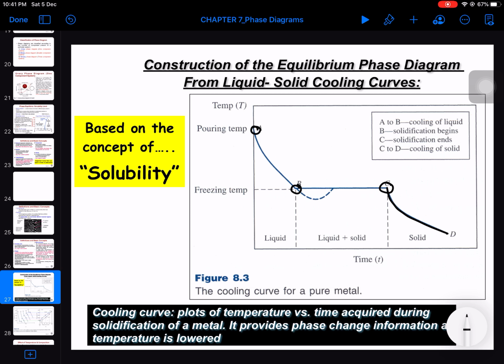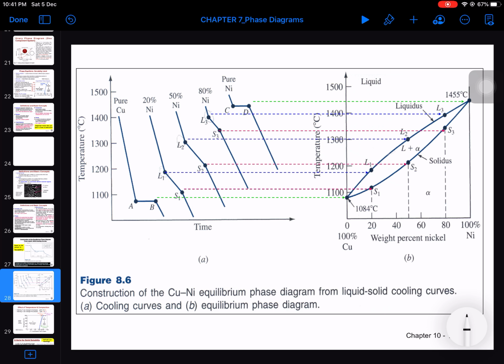If we do this kind of curve for many compositions between solvent and solute atoms, which are the alloys, we will have a few cooling curves that look like in figure 8.6a here.